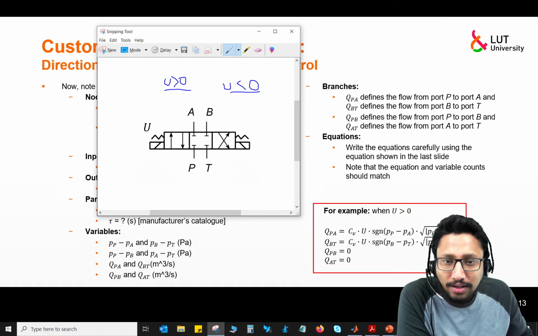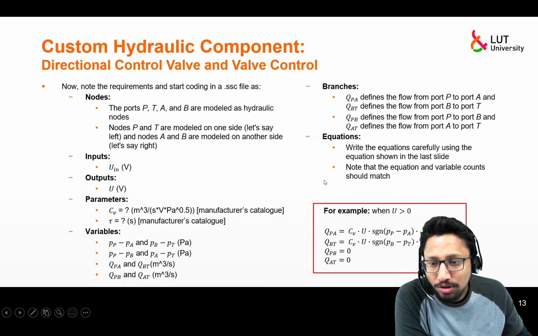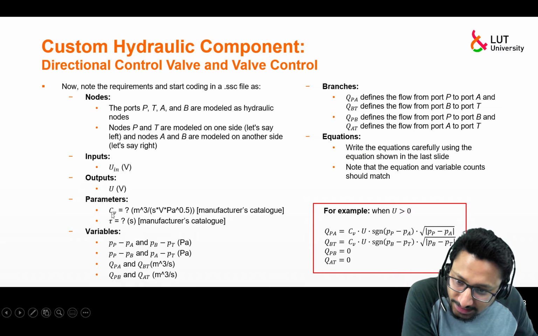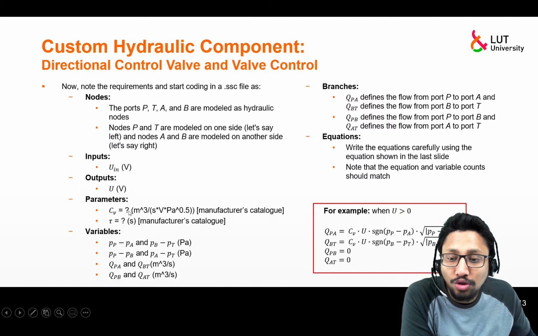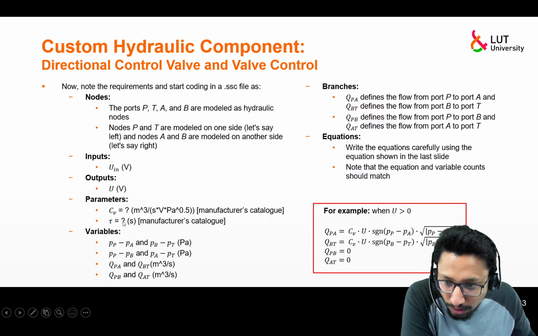So what are the unknowns we have here? So basically the variable count. By the way, this CV and tau are not unknowns. They are actually parameters whose values are already provided in a manufacturer's catalog. So you need to figure that out for yourself.